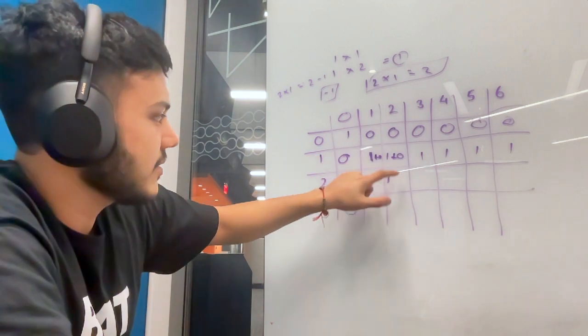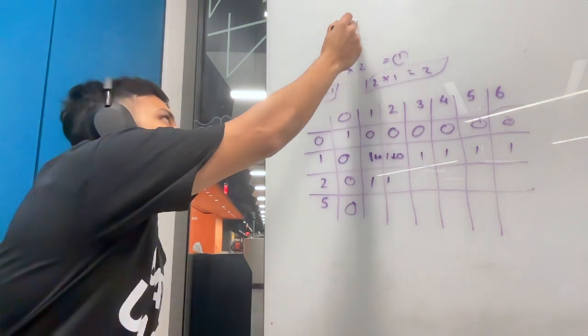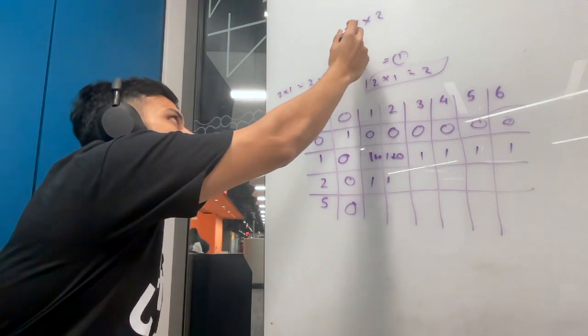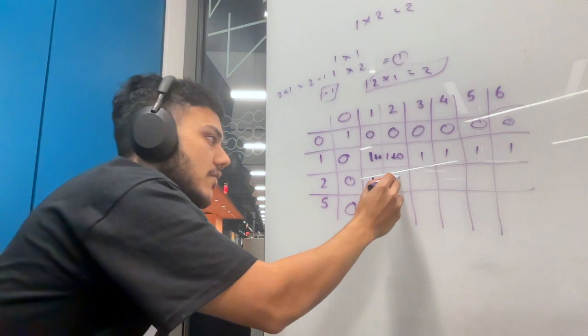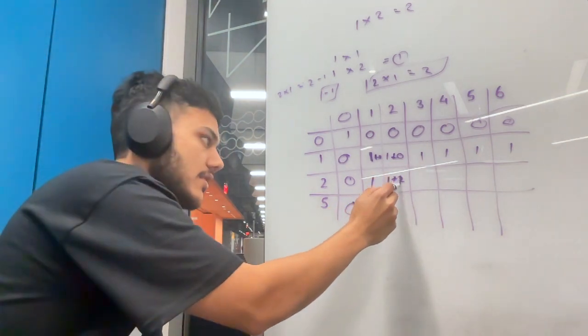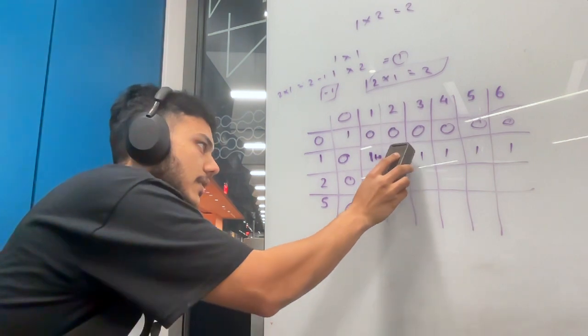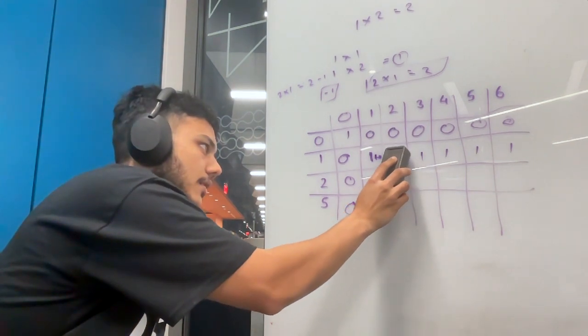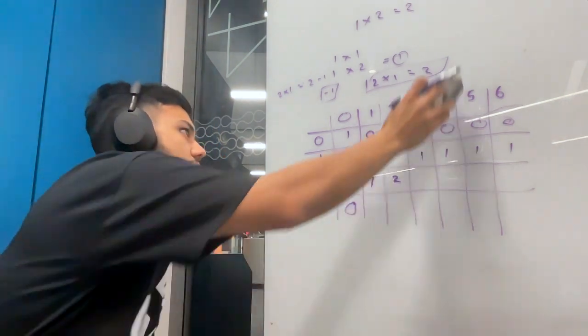We have solved this problem, just the case above. Yes, you can make 2 in one option, that is 1 cross 2. Taking 1 as a coin 2 times gives you 2, so 1 plus 1 is nothing but 2.